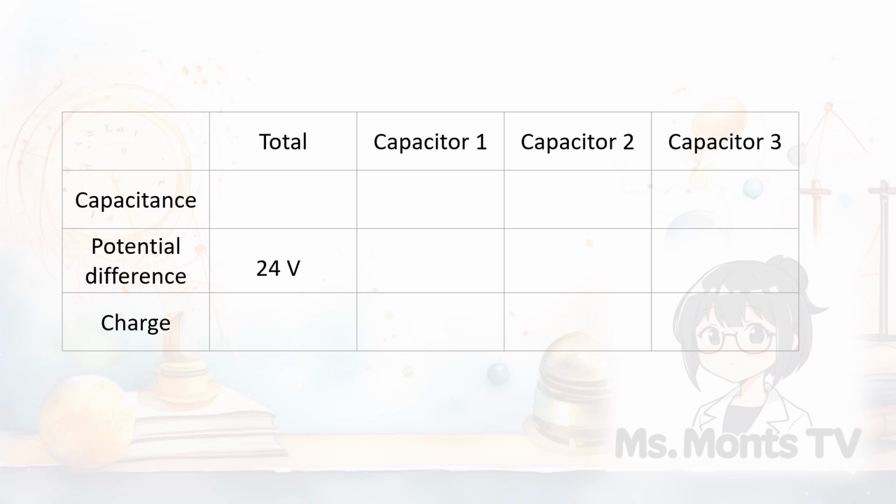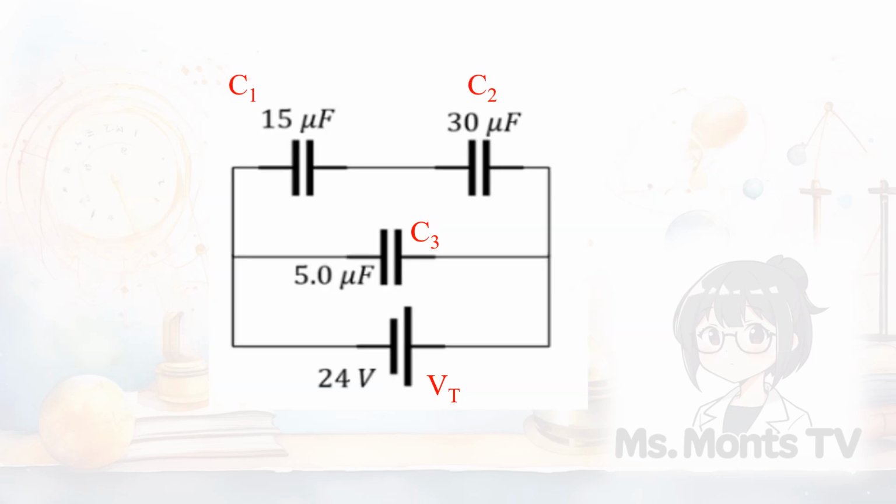So we have, the given is total potential difference 24 volts. Capacitor 1, 15 microfarad. Capacitor 2, 15 microfarad. Capacitor 3, 5. So C1, C2, C3, and V total.